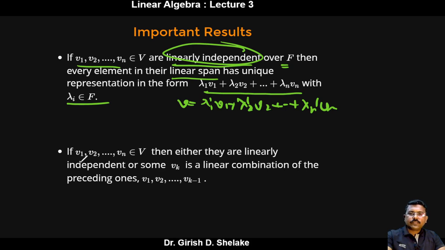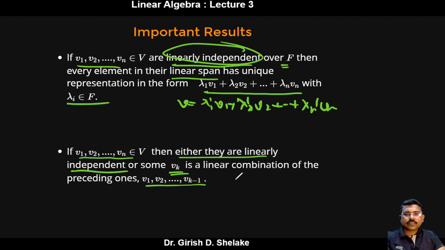Also, consider the second result, which says that if we have a set of vectors v1, v2 and so on up to vn in V, then either they are linearly independent or some vk is a linear combination of the preceding ones, that is v1, v2 and so on up to v(k-1).